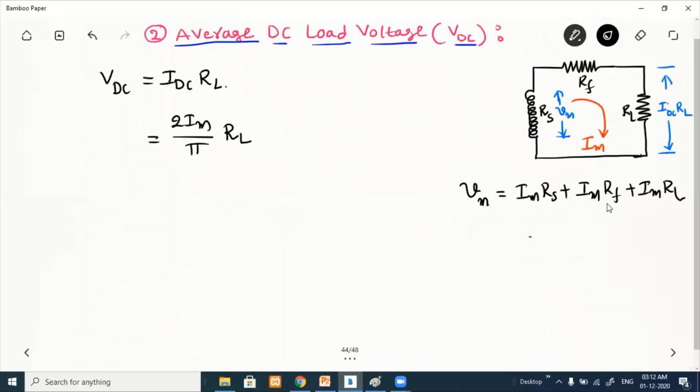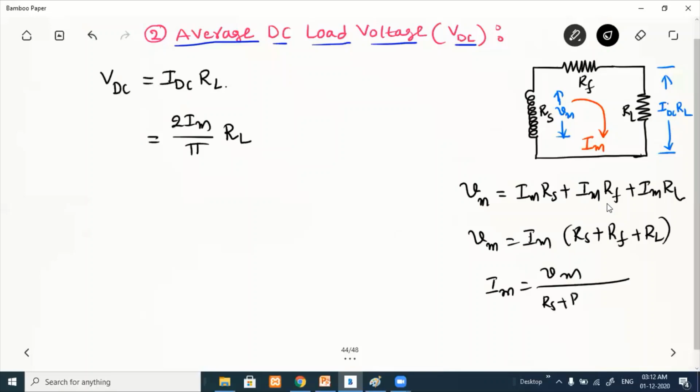So VM equals IM into RS plus RF plus RL. From this, IM equals VM by RS plus RF plus RL. Then substitute this IM in this expression.